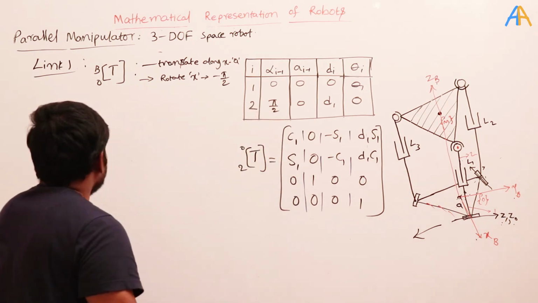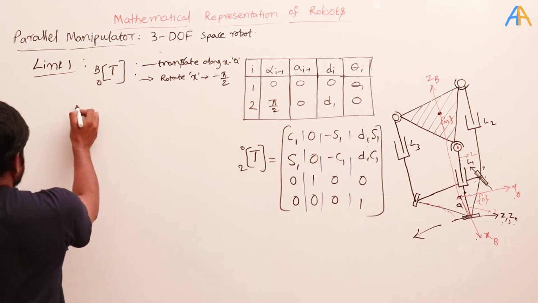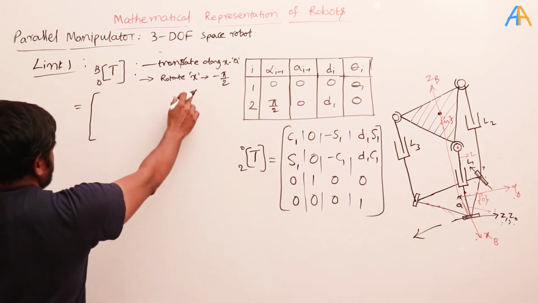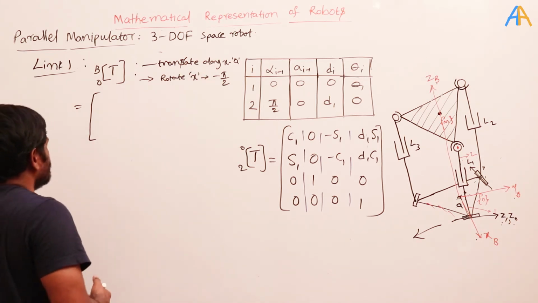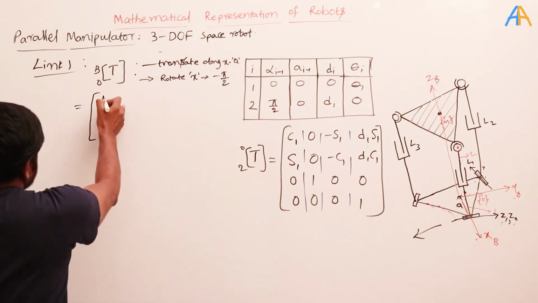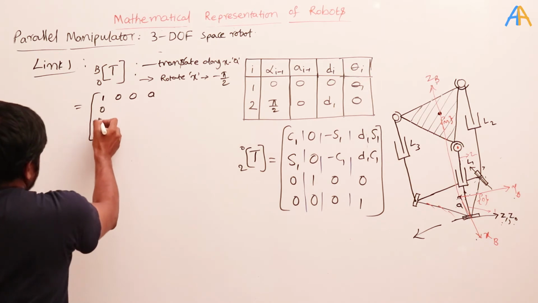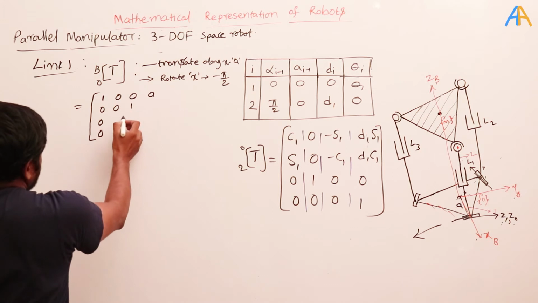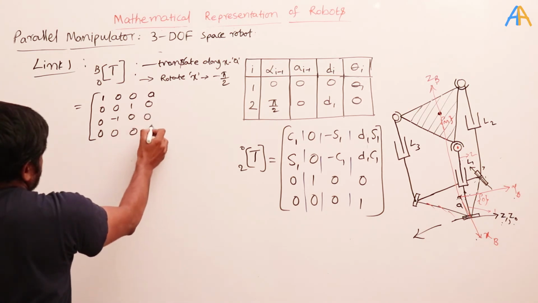So when I do that, we need to rotate that. Here I am combining these two. Because the rotation and translation are both about the x-axis, I can combine them. When there is a rotation about the x-axis, it is 0 0, and the translation is a, and here also 0 0 0, and here the value is 0, and here 1 and minus 1, 0 0 0, and here 0 0, and here 1.